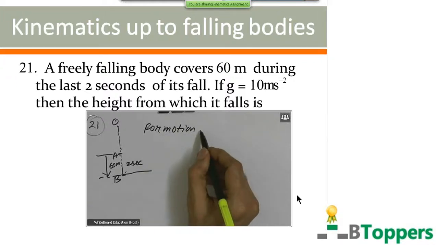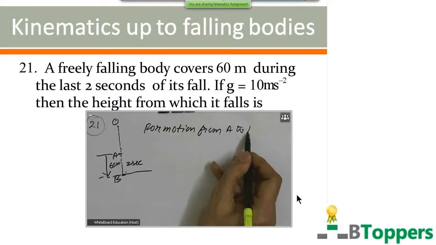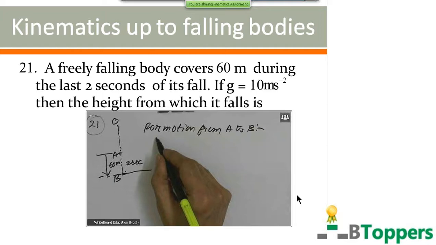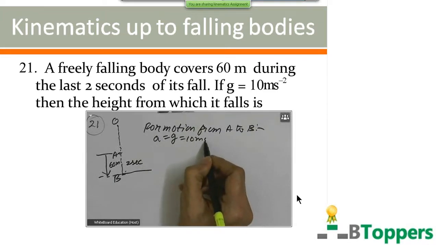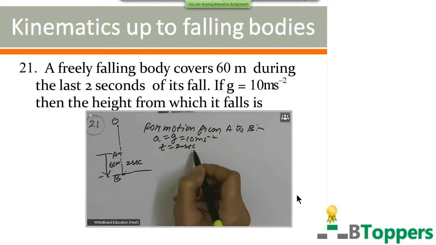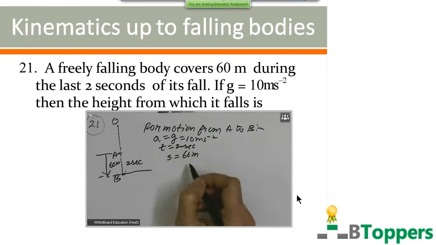We'll consider the motion from A to B for the last 2 seconds. For motion from A to B, acceleration a equal to g for a freely falling body, that is 10 meters per second square. So time of motion is 2 seconds, and displacement is 60 meters.